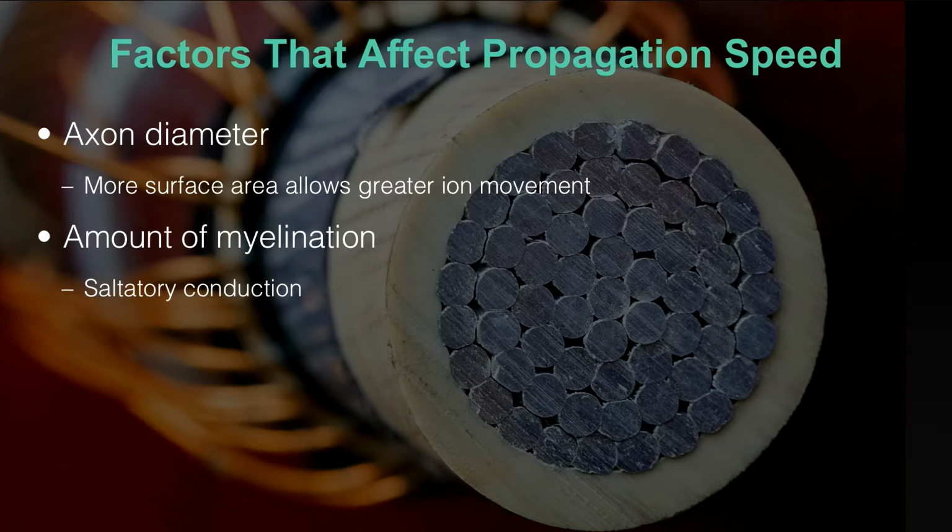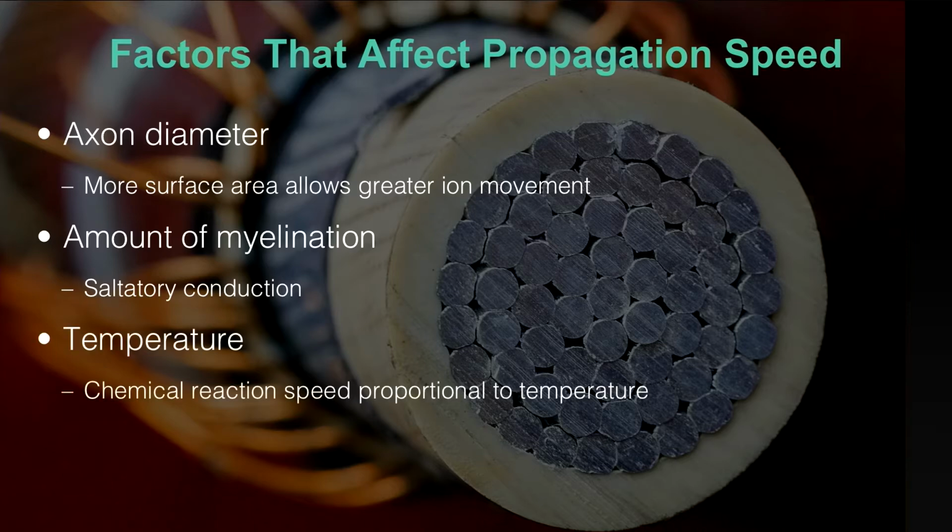What we just discussed is the major factor defining propagation speed, the amount of myelin. More myelin, more saltatory, faster conduction. And of course, temperature. Part of the reason why icing an injury might help to minimize or numb the sensation of pain.